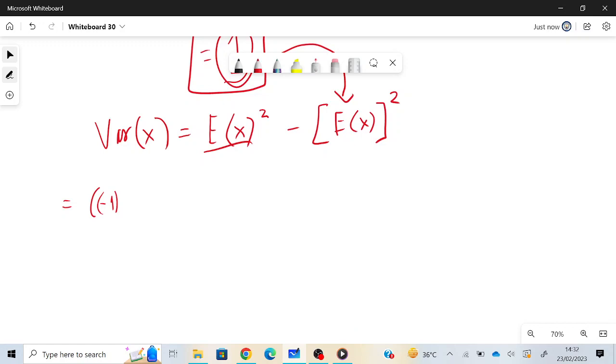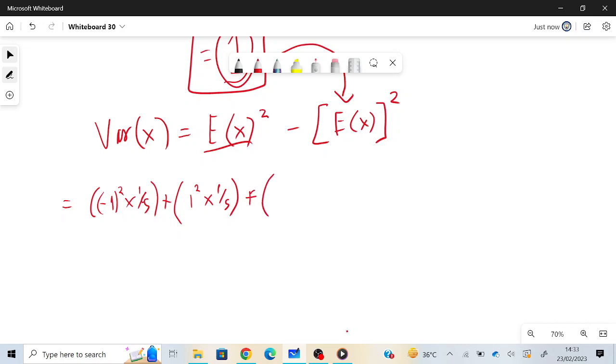So for here we would have to begin with minus 1 squared times 1 over 5 plus 1 squared times 1 over 5. Again, I skipped the 0 because if you square 0, that's still 0, and if you times that by 1 over 5, it will still give 0, so no need to put that.